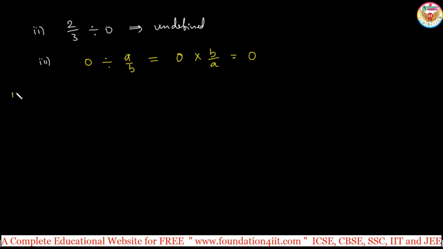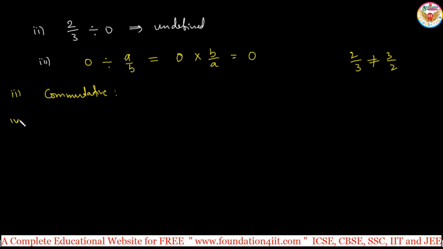do not exist. Commutative is the same as with integers. 2 by 3 is not equal to 3 by 2, and similarly in integers also it is not equal.